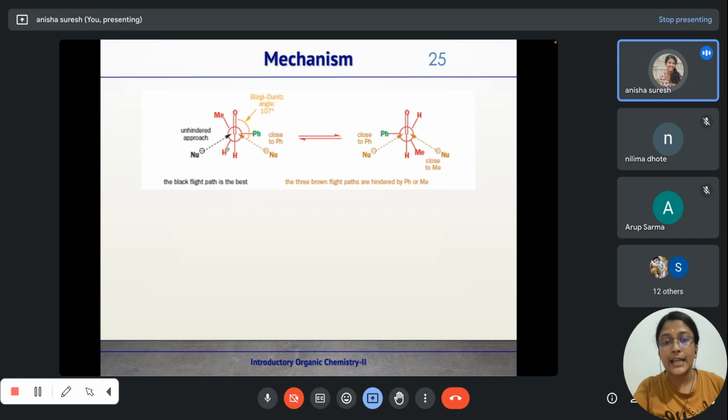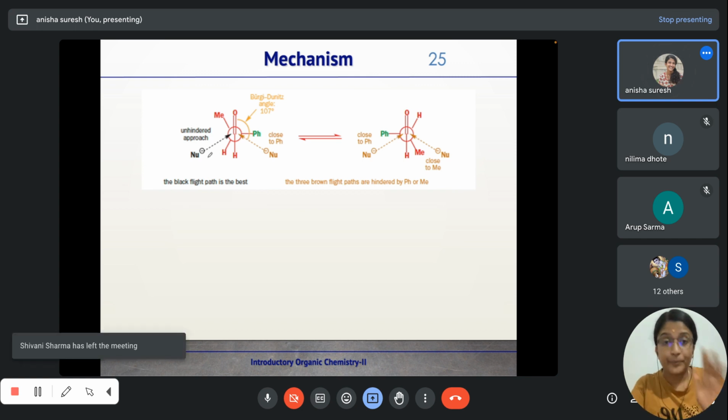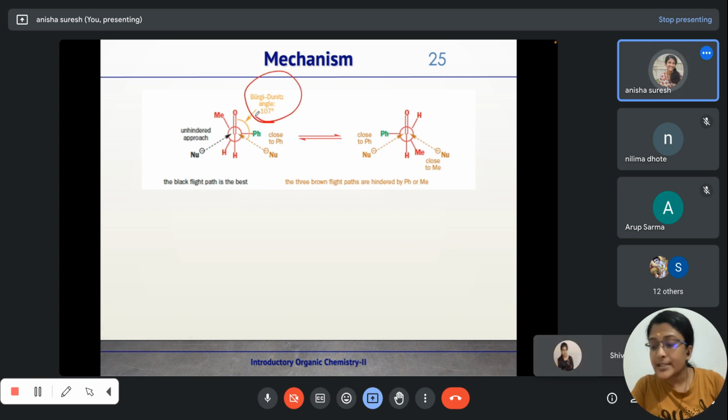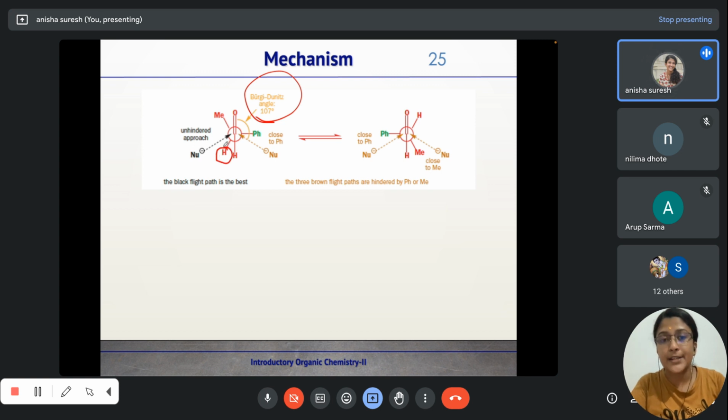And we have seen that the attack of the nucleophile will be taking place at an angle of 107 degrees, which is the Bürgi-Dunitz angle. So here the nucleophile can attack from here or here according to the Bürgi-Dunitz angle. So this will be the unhindered position because here there is a smaller group, that is hydrogen.